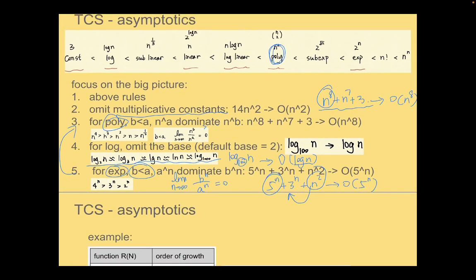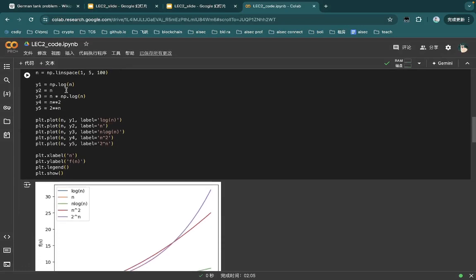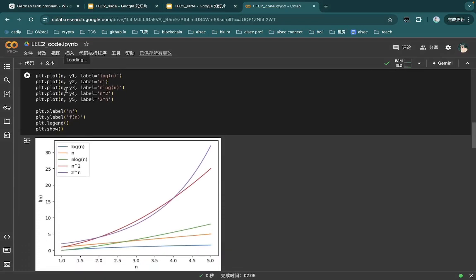And I'm going to show you some code too. So here I show you 5 functions. The blue one is log n, the orange is n, this is n log n, this is n squared, this is 2 to the n, right?